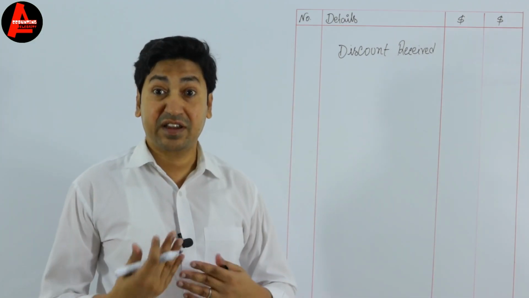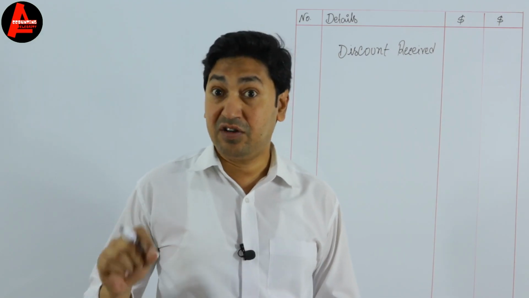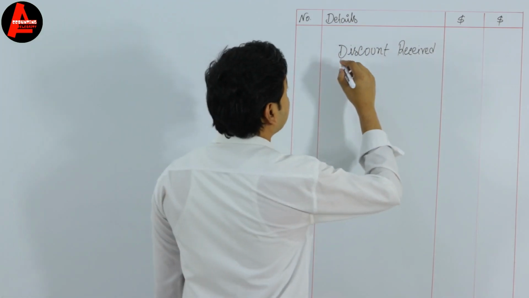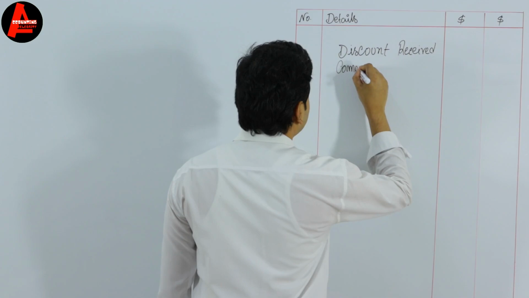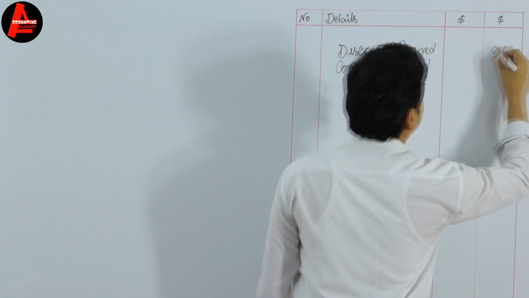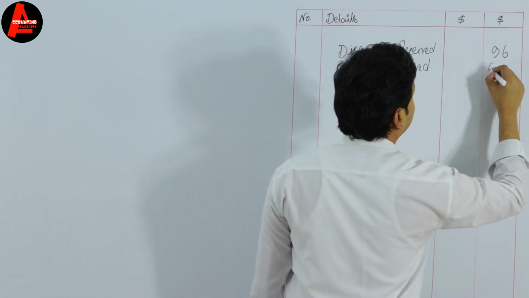Now newly, correctly, we have to record it, yeah? So it is a credit account, so we have to write on the credit side, okay? So let us write here commission received. So here discount received was 96, okay? So commission received also credit 96.